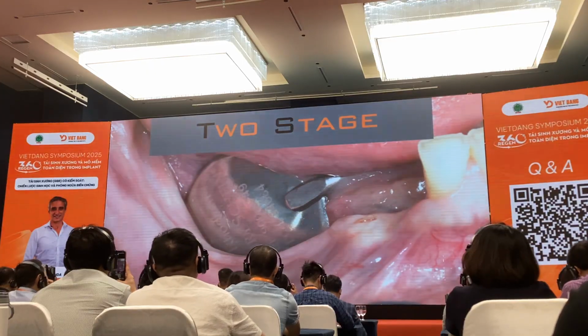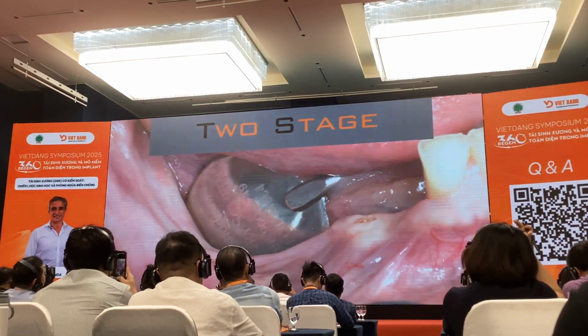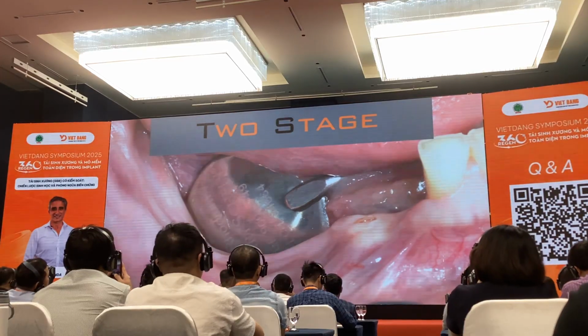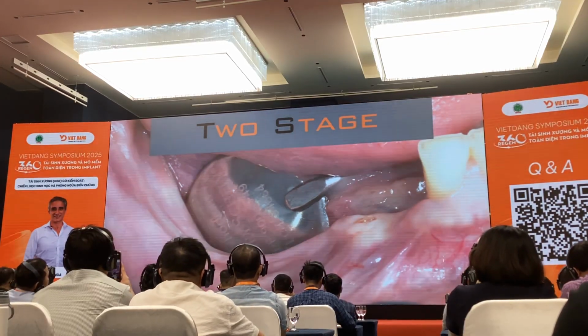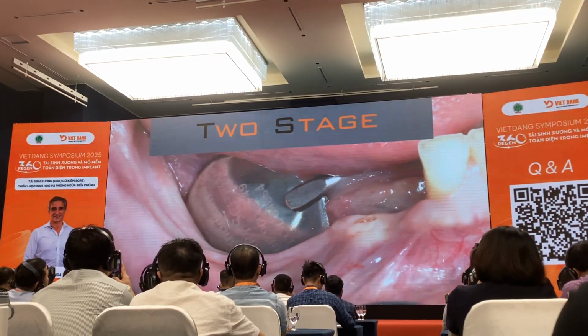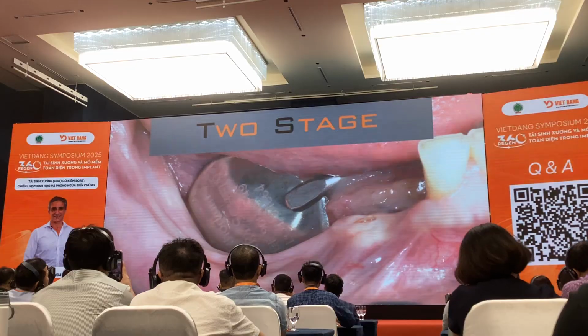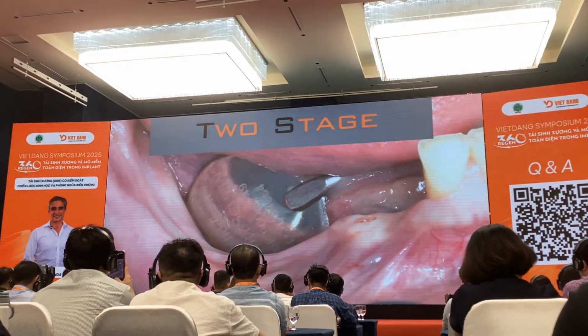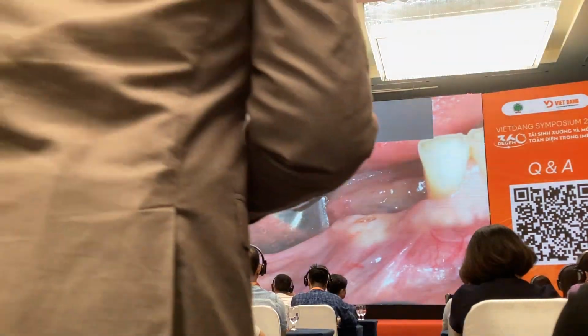Before, we perform the GBR, and after some months, when we believe that the generation of the bone is completed, it depends on the dimension of the defect, we remove the barrier and we can place the implants.